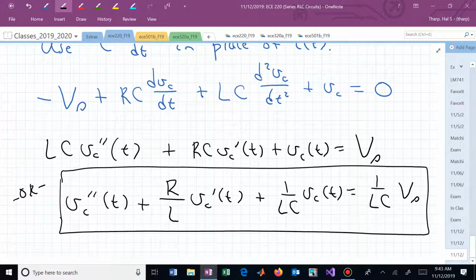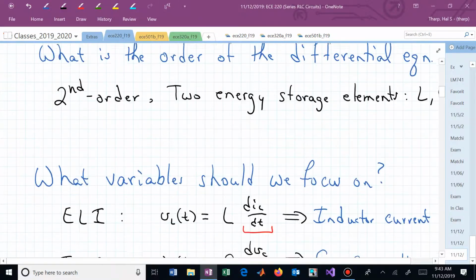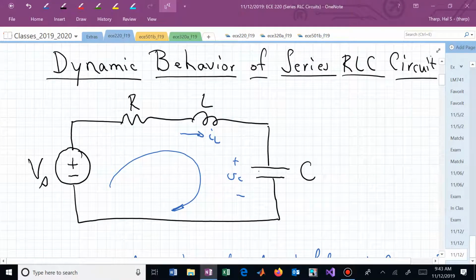And that looks a little different than what we ended up with for a parallel RLC circuit. Question? So this is only the case for this structure of a circuit. We have one effective inductor, one effective capacitor. If we had two capacitors in parallel and they could be combined into an equivalent capacitor, you could now say effectively I have one capacitor.